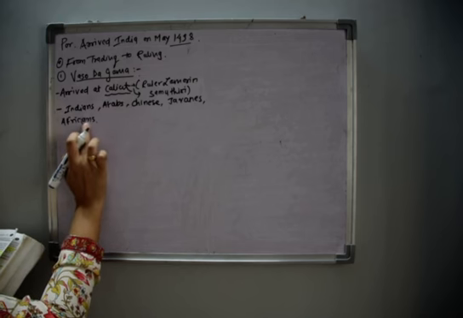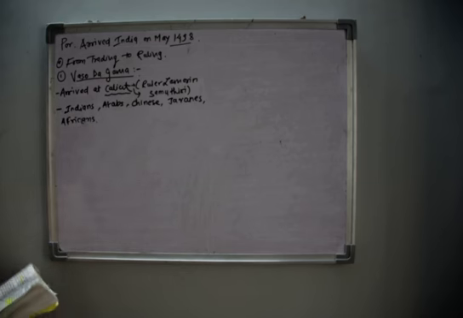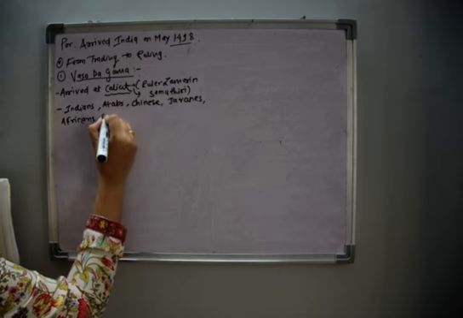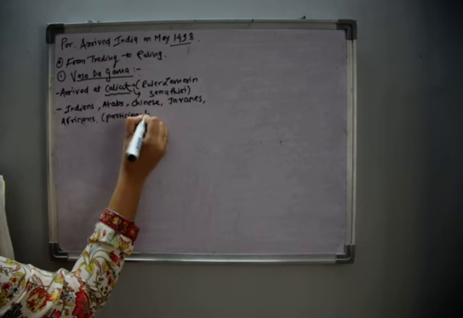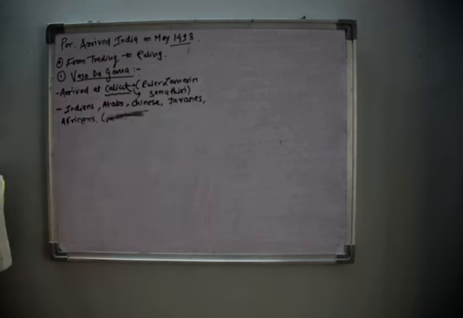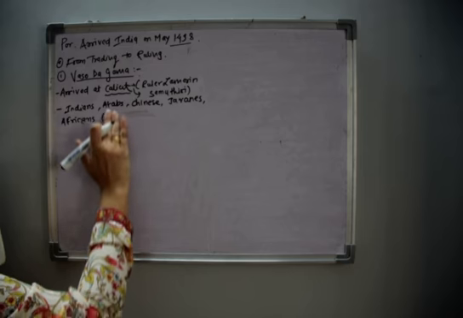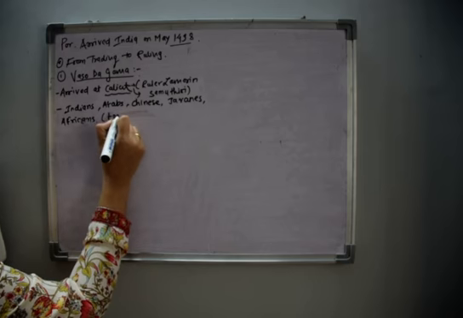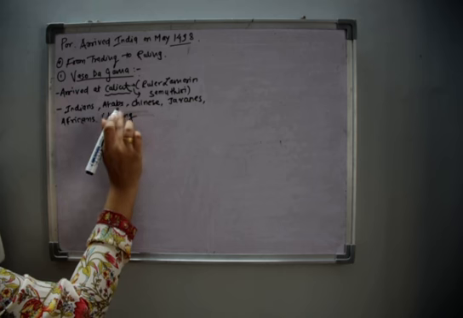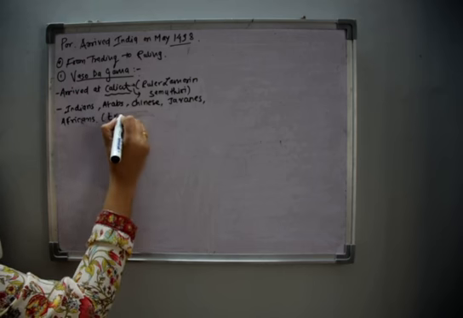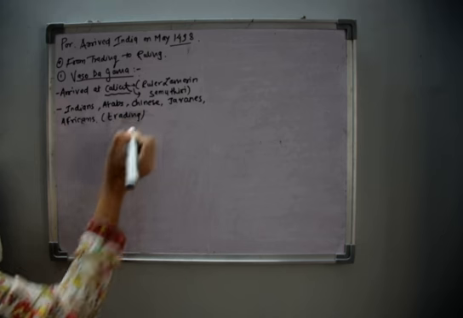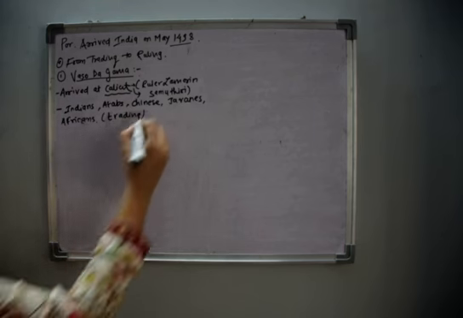These were all the participants, all trading at that point of time. Or rather than writing participants, you can just note down that they were all trading at that point of time in the Indian Ocean.